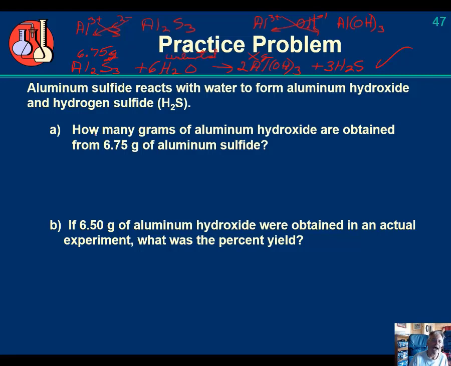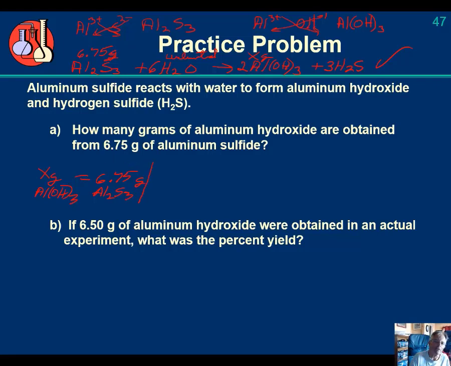So how many grams of aluminum hydroxide, Al(OH)3, and that's going to equal my 6.75 grams of Al2S3. Now this is not a limiting reactant problem because I have an unlimited amount of water, and this is my limiting reactant.